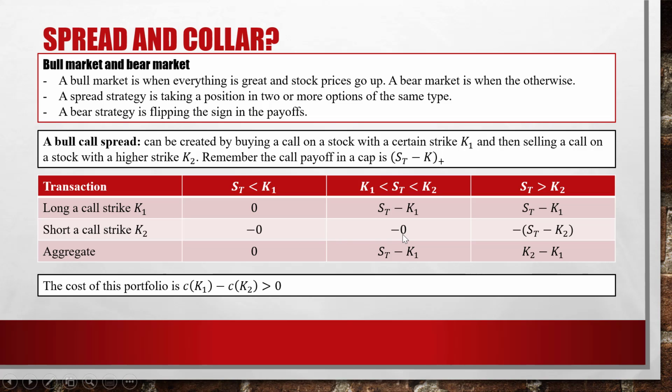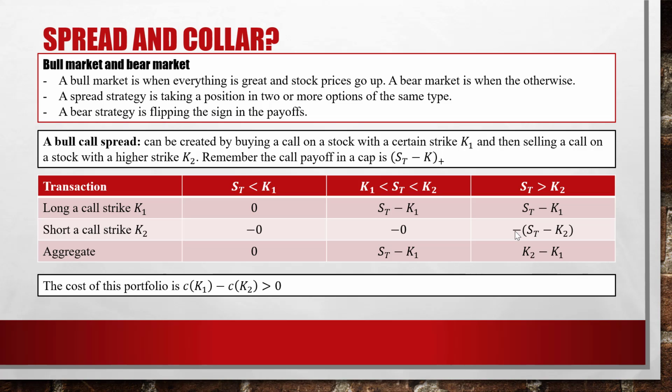When the stock price is between K1 and K2, the stock price is still less than K2, so (S_T minus K2)+ should be 0, and don't forget the negative sign here because we are shorting a call. When the stock price is greater than K2, then (S_T minus K2)+ should be exactly S_T minus K2, and don't forget to put on the minus sign in front because we are shorting a call.